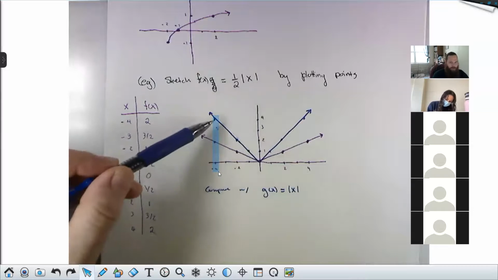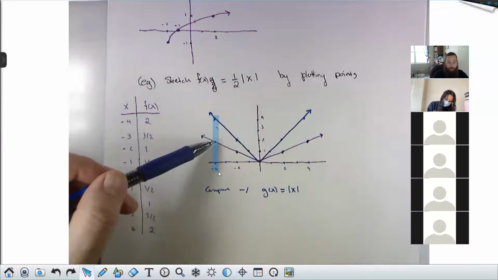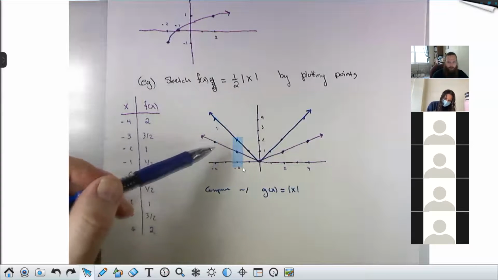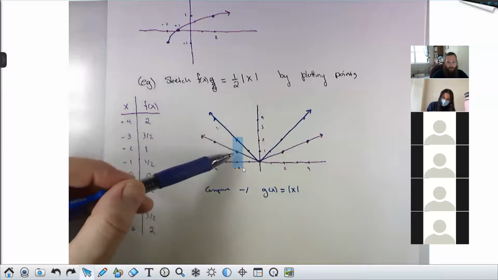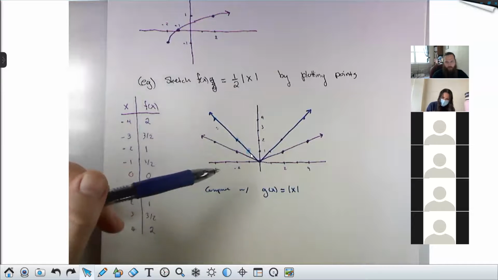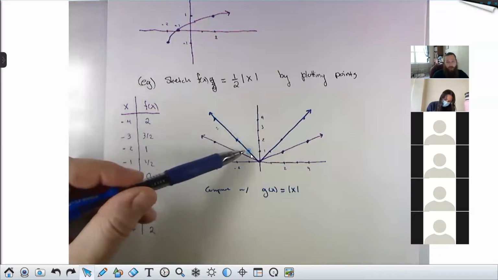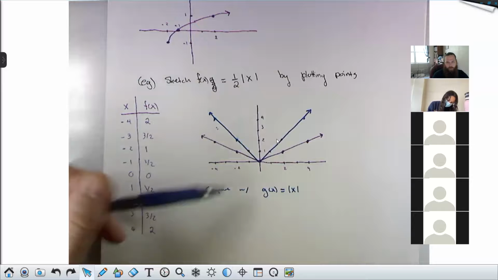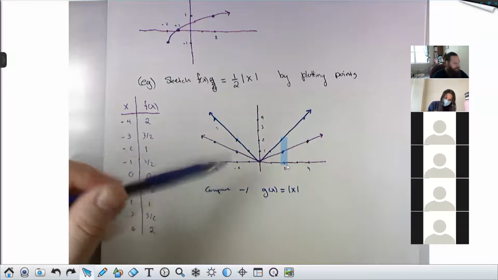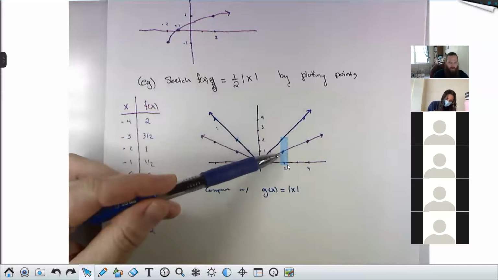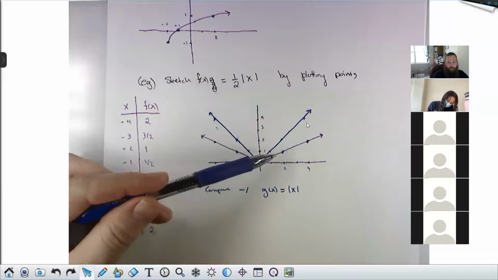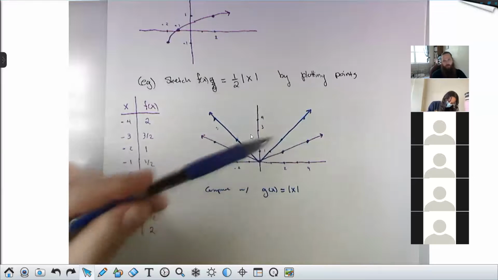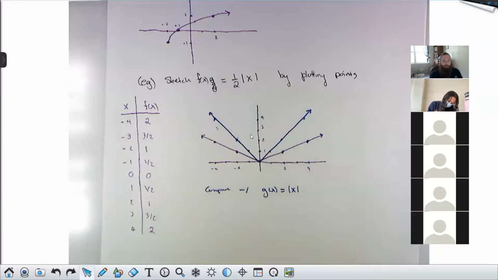If I bring this guy down by half, I get this guy. If I bring the 1 down by half, I get 1/2, which is the y value here, right? -1.5. And the same is true over here. If I take the point on the blue graph and I bring it down by 1/2, I get the point on the purple graph. You get the picture.